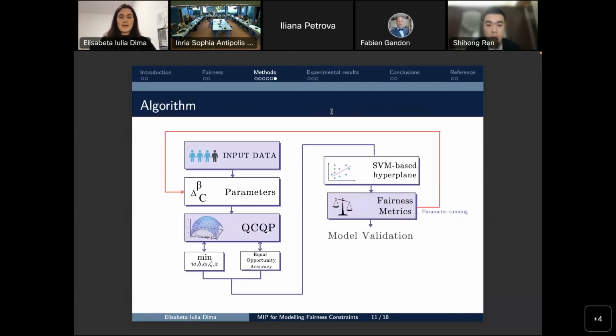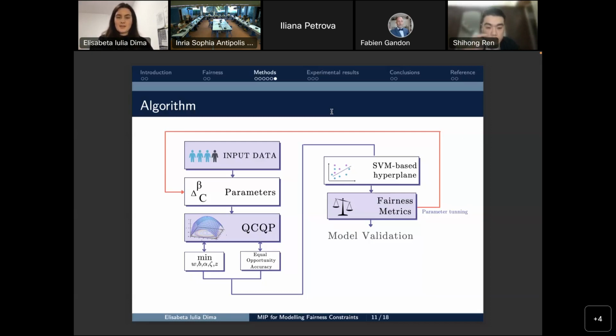And as an algorithm visualization, first of all, we have input data, which has some random individuals, which has some sensible categories. We know this at the beginning, and we choose our parameters that I showed you earlier. And with those parameters, we construct our optimization problem. On one hand, we want a very good accuracy.